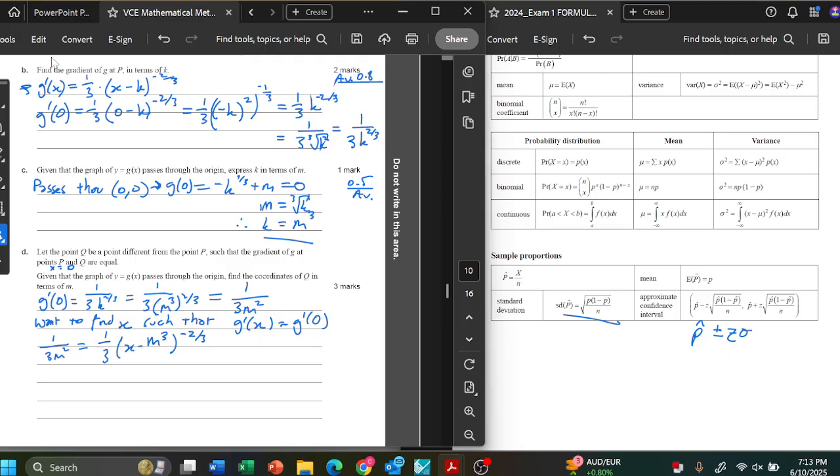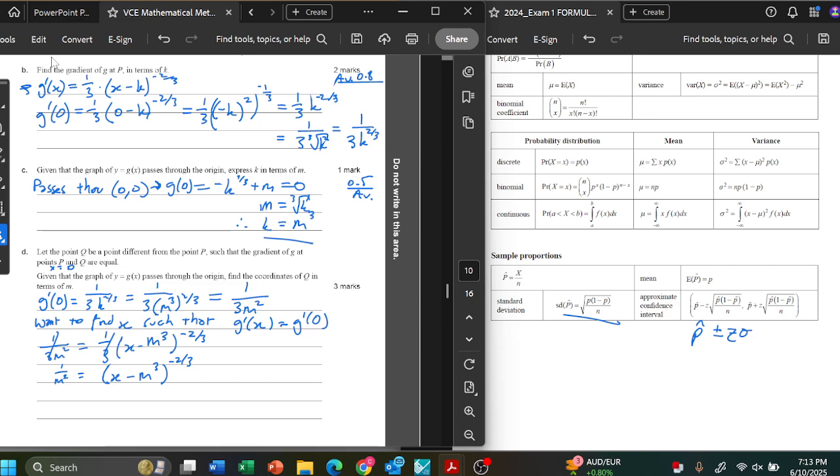Okay, so looking at both sides of this, the first thing we can see is that there's a third on both sides. We can get rid of that. That's going to come out as 1 over m squared is equal to x minus m cubed to the power of -2 over 3. Okay, what can we do about that? Well, let's square root both sides.